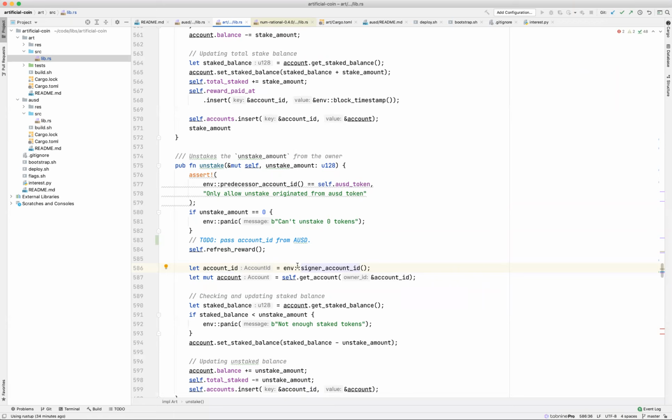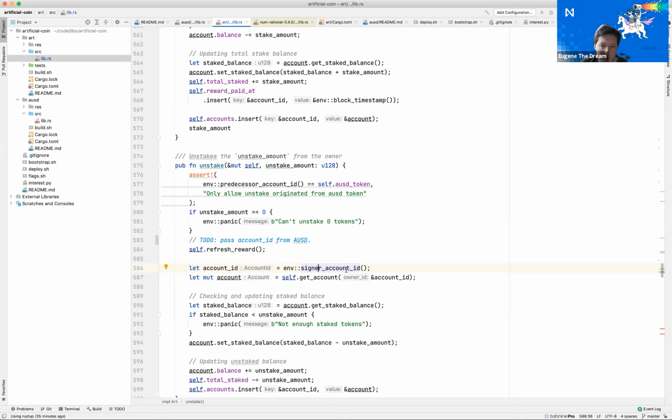Eugene: it's like any contract deployed after this contract is deployed, right? So this contract is deployed, I go to it, I get AUSD, and then I go to any contract deployed after, which could be malicious, and then it could do a cross contract call to this contract. But this contract is going to think I'm the signer, but really it's the other contract that is cross-contract calling it that is the predecessor.